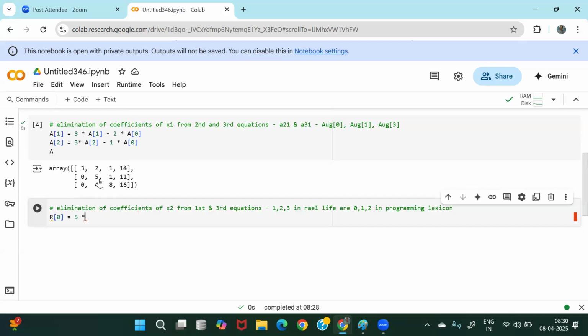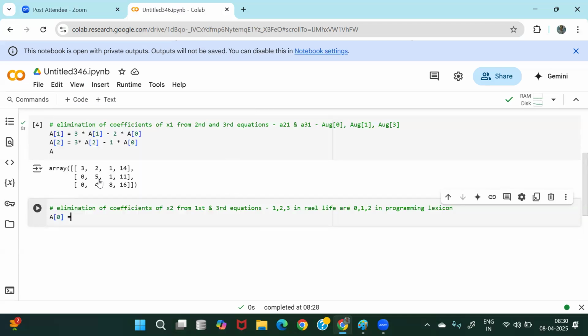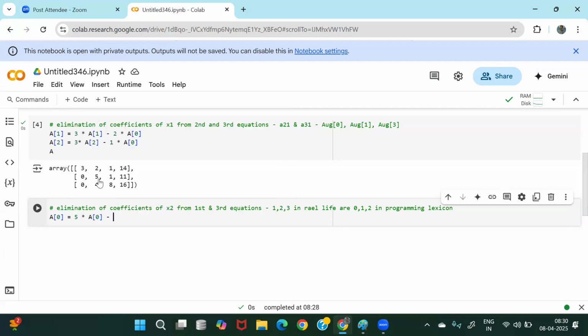I'm sorry, not rows, they are named as A. The first row is equal to 5 into the first row minus 2 into the second row.